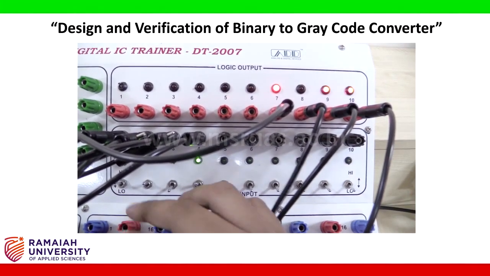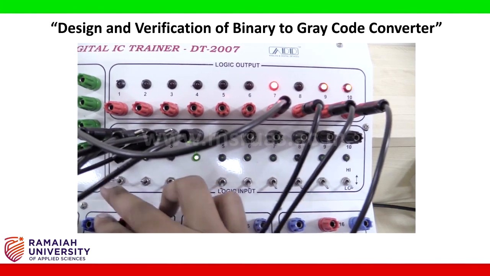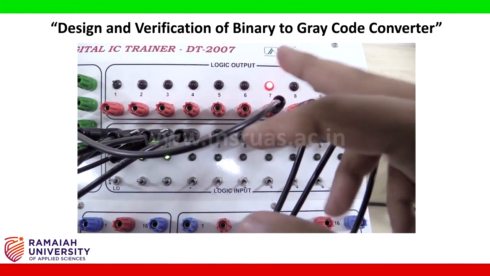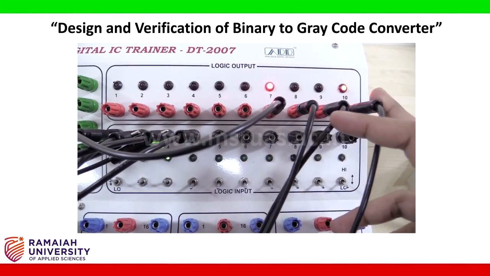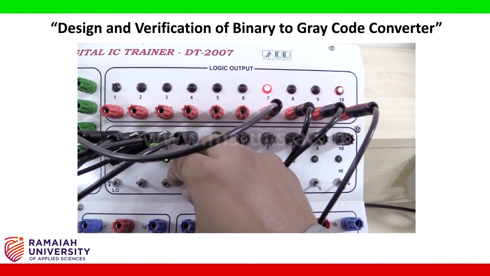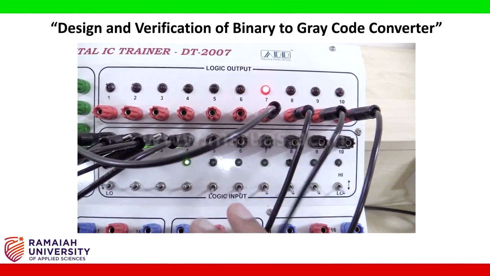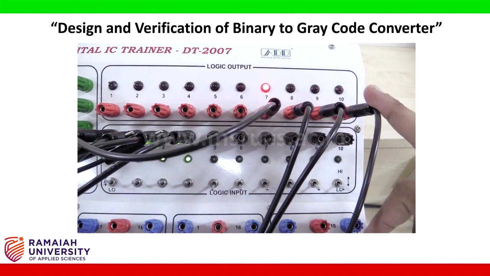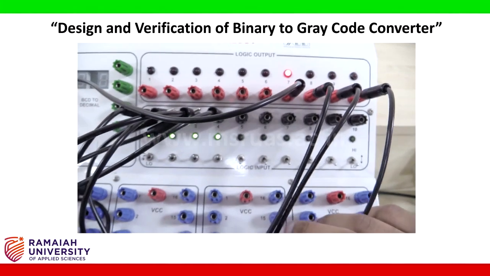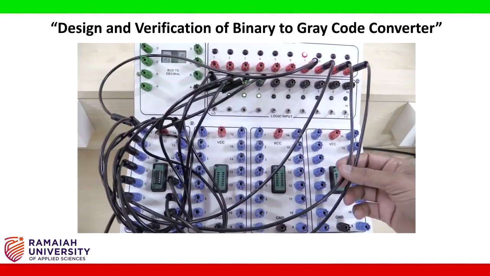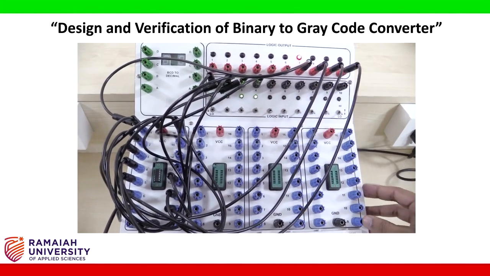The next combination of the input is 1 1 1 0, and the output will be 1 0 0 1. The last combination is 1 1 1 1, that means all the inputs are high. At that time the output, you can see, is 1 0 0 0. So now it is true according to the truth table, which means we have verified the binary to gray converter. So this completes the experiment.